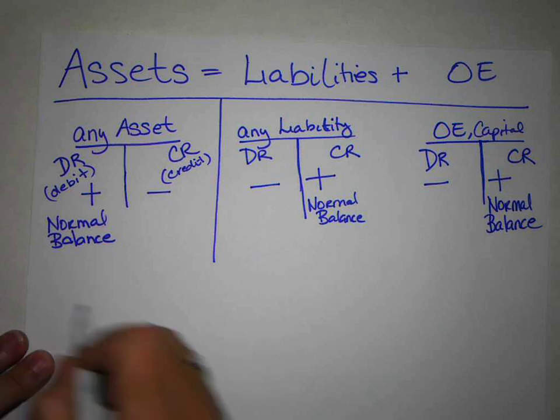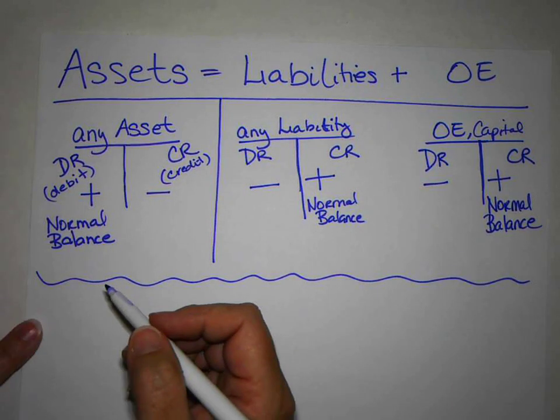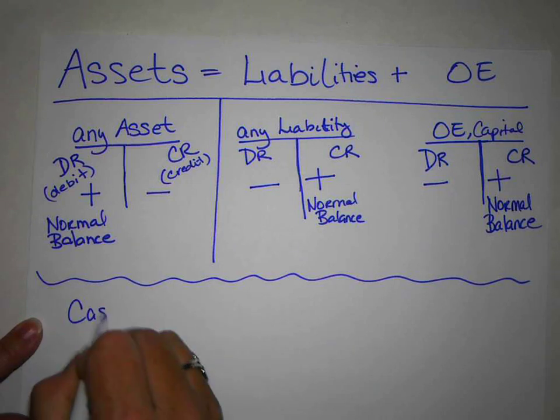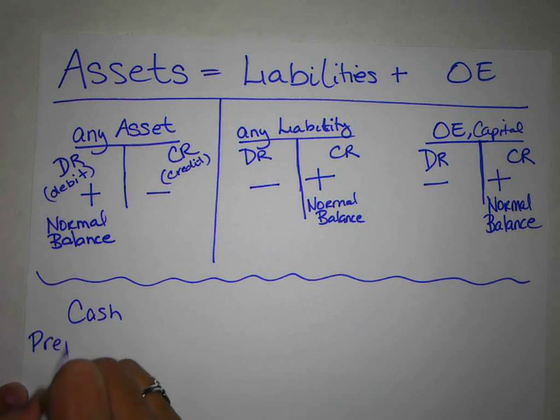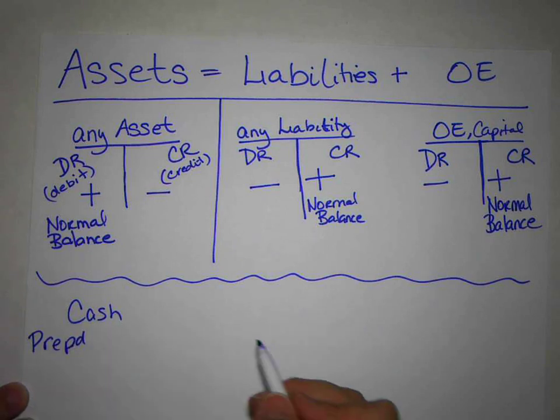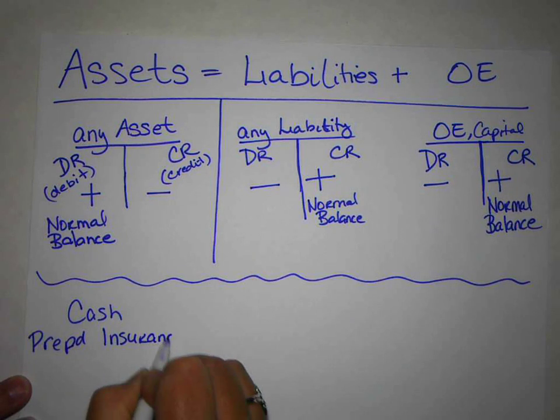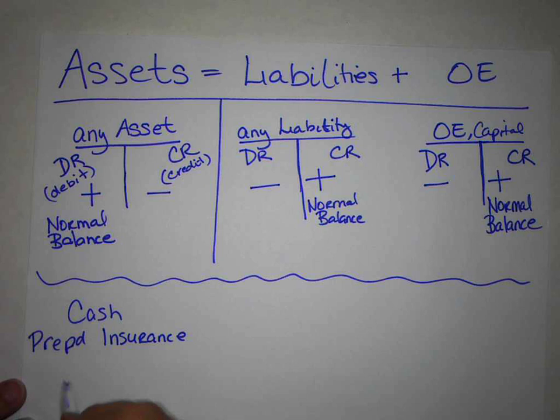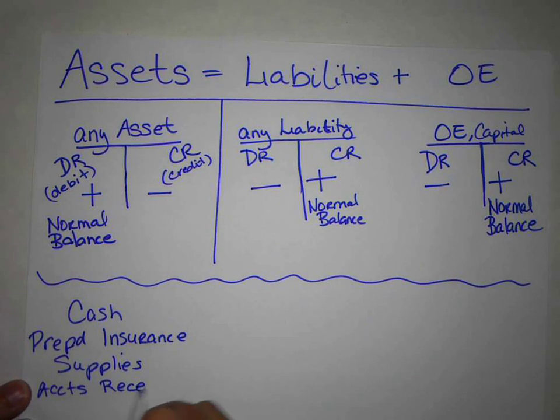So some of the accounts that we've looked at, assets. We've had cash as an asset, prepaid insurance is an asset, supplies are assets, and accounts receivable are assets.